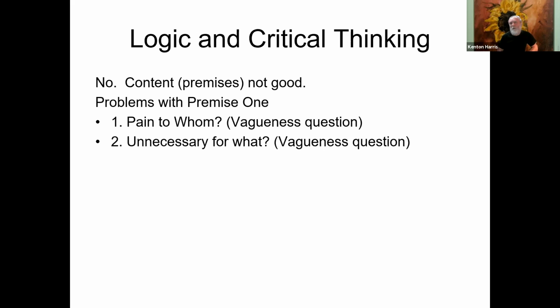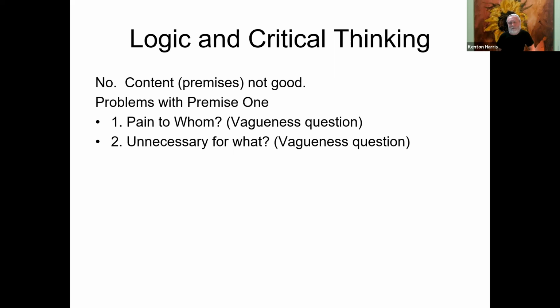Unnecessary, that's a trigger word, right? We're going to talk about this class of word later on in this class as well. But unnecessary requires further stipulation. Unnecessary for what? Look, if I want beef stroganoff, some animal's got to die. And not just any animal, some bovine animal, right?